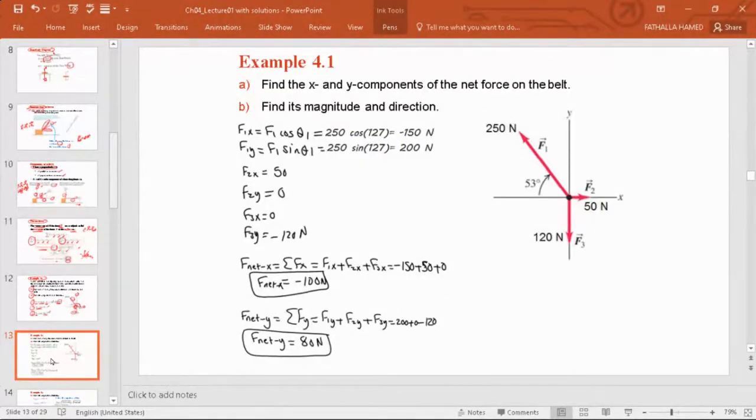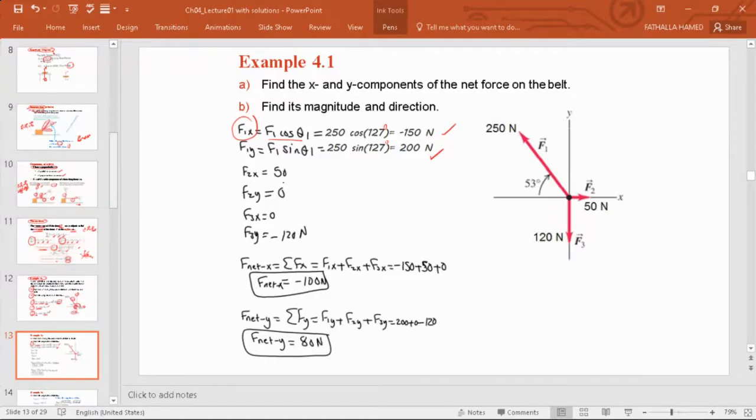So we're going to look at F1, and we take the x component of F1. If we follow our definition in chapter number 1, F1x should equal F1 cosine theta 1, which is 250 cosine 127 degrees, and that will give you minus 150 newtons. F1y is F1 sine theta 1, which is 250 sine 127 degrees, and that will give you 200 newtons.